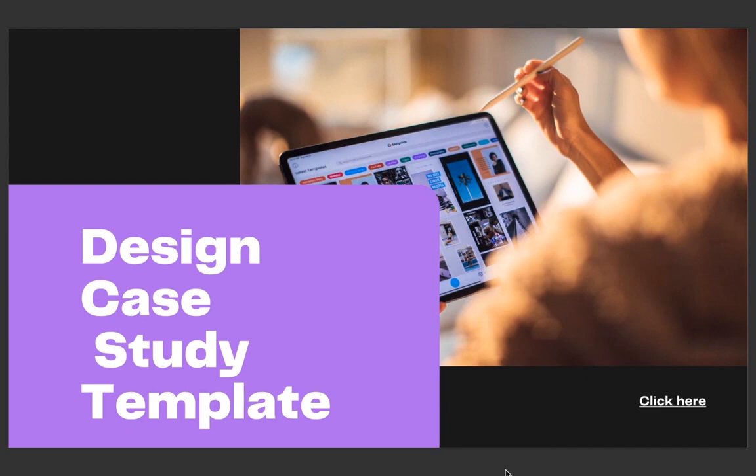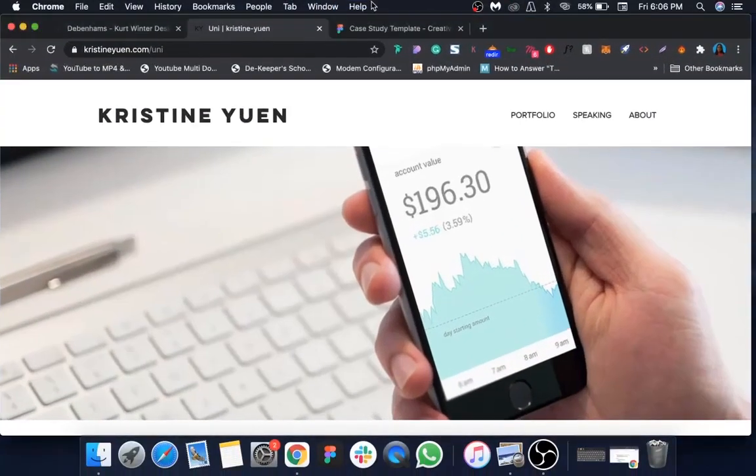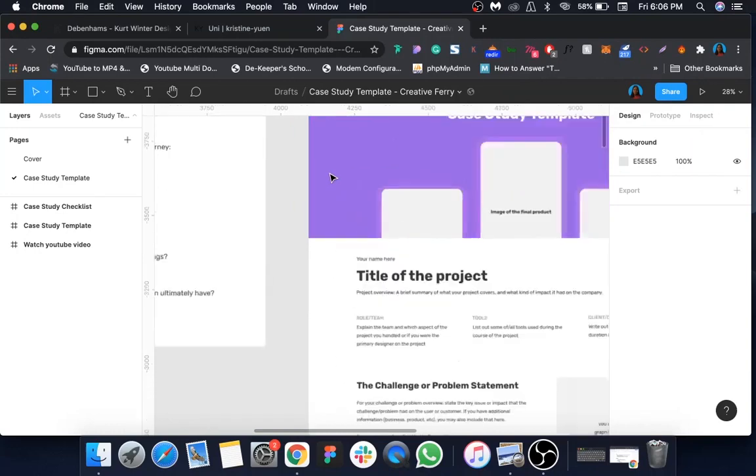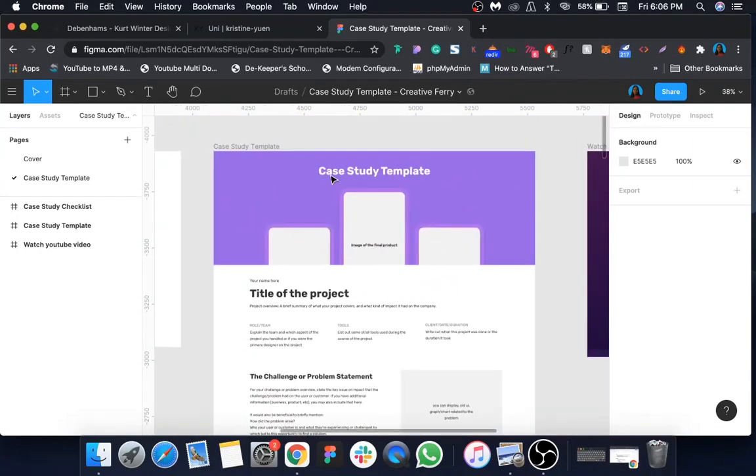I'll show you what it looks like right about now. All right, let's see what it looks like. So this is what the design case study template looks like. For every project you have, you can just fit in where your process is into this.